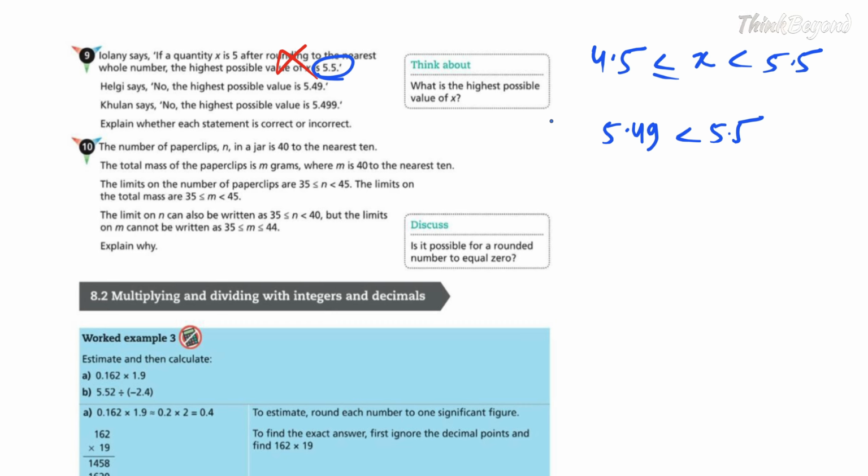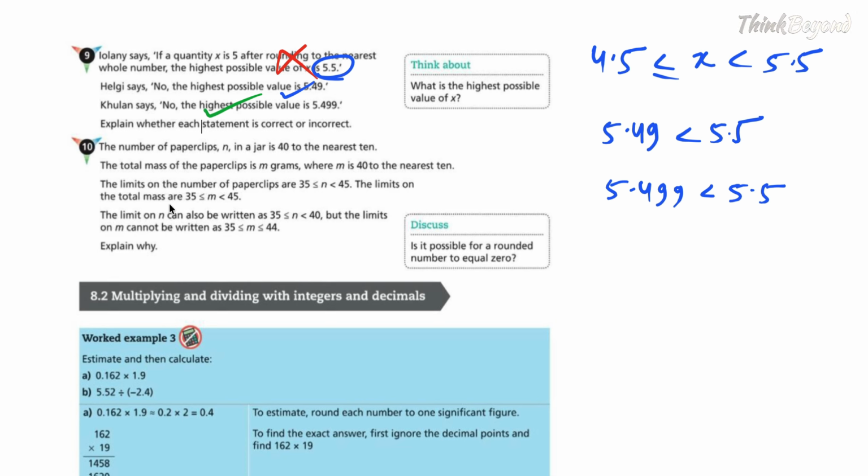Now the third, Cullen says no, the highest possible value is 5.499, which is also less than 5.5. So this is more precisely correct. Lolani is incorrect, Helgi is approximately correct, and Cullen is most accurate. Understood? Okay, now let's come to question number 10.